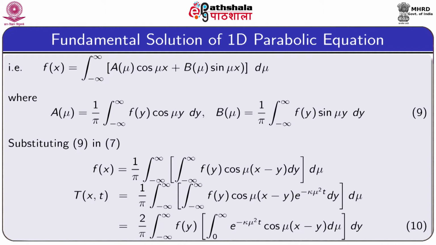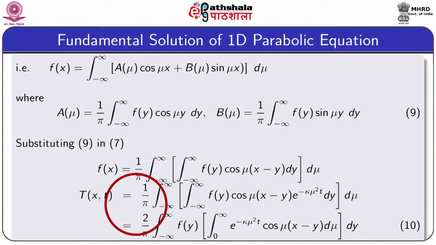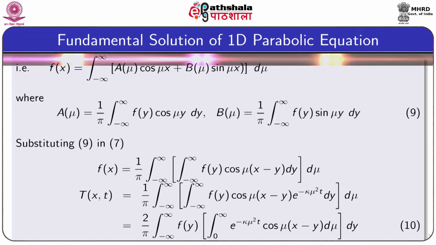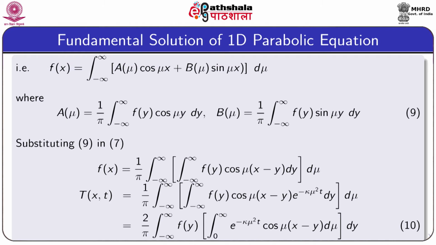Now, this equals 1 by pi integration 0 to infinity, integration minus infinity to plus infinity, f(y) cos mu (x minus y) e to the power minus kappa mu square t dy d mu.